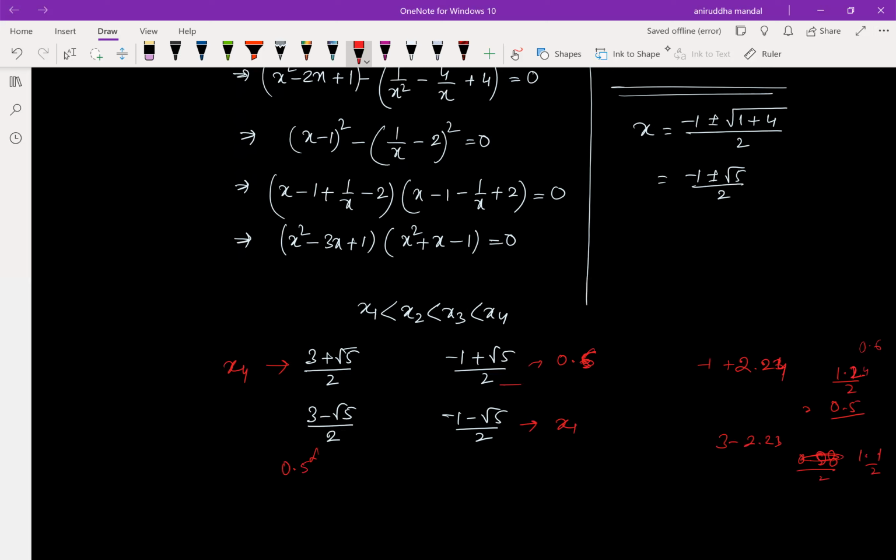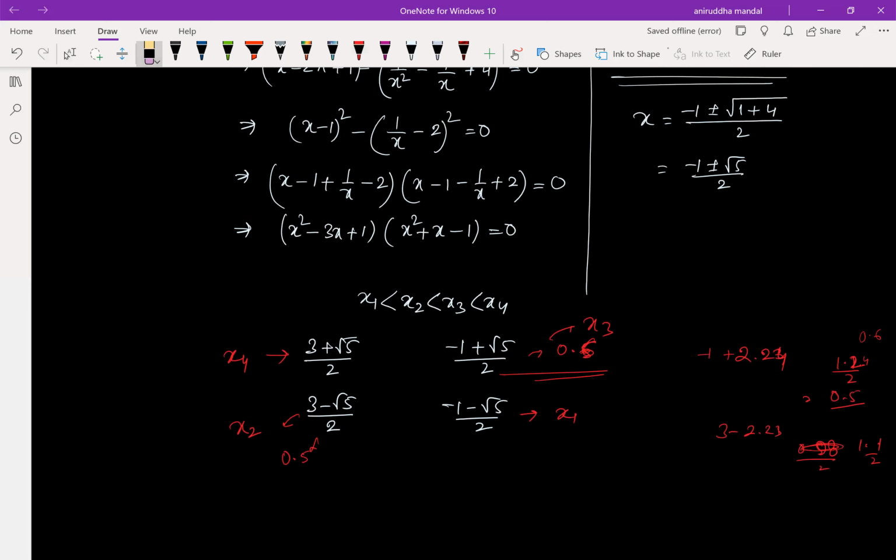So this is 0.6. So obviously this is x2. Sorry, this is x3 and this is x2. Okay, so let's write the expressions. Let me write it.